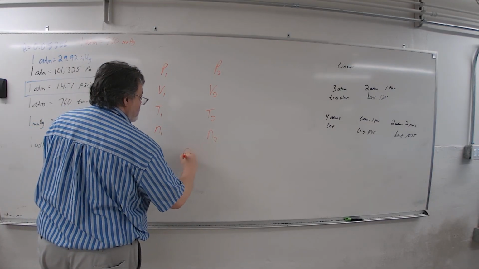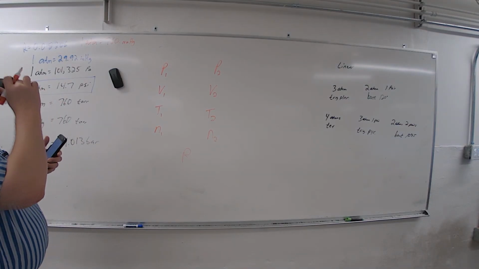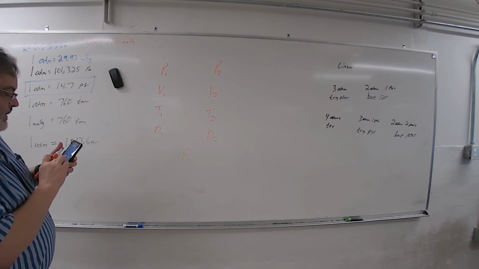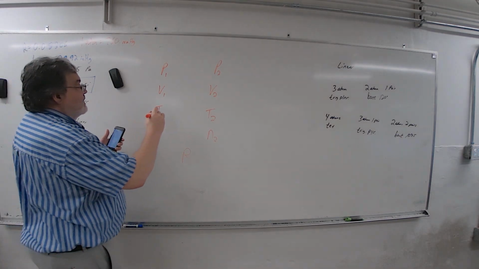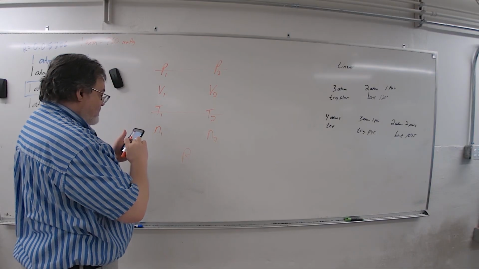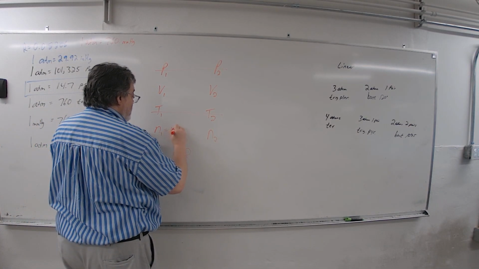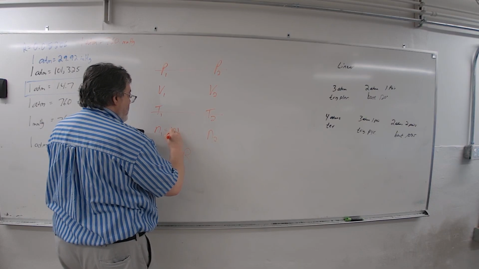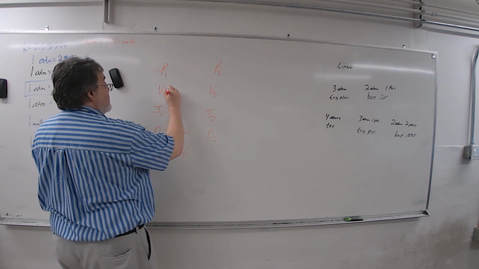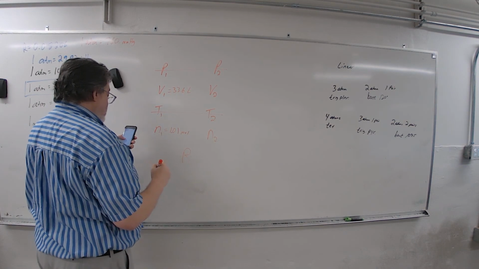R never changes. All right, so first, what isn't mentioned at all here? So pressure is constant, temperature is constant. Okay, 1.01 moles of gas occupies 33.6 liters.